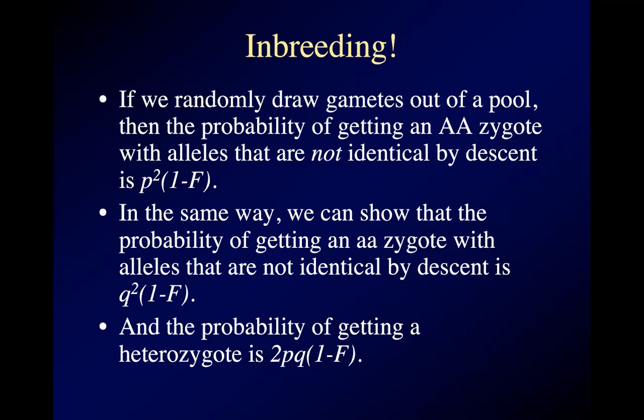I'm not going to make you duplicate these calculations on the exam, but I do want you to at least get some sense of where I got that formula that I brought up on Tuesday.